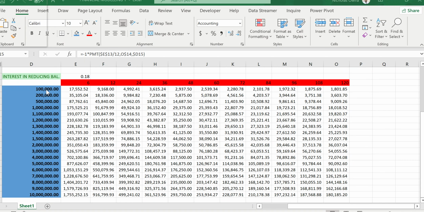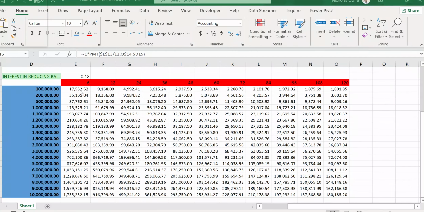For example, someone who has taken 100,000, you can see in the first column, the first row in this case, someone has taken 100,000 to be paid back within 6 months on a monthly basis at an interest rate of 18% per year.